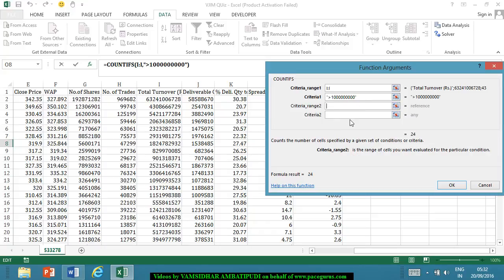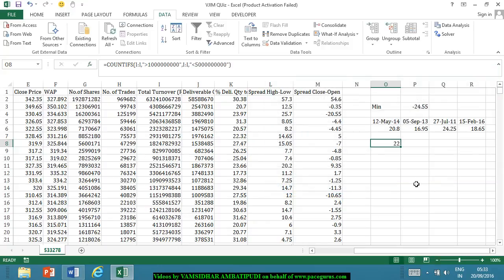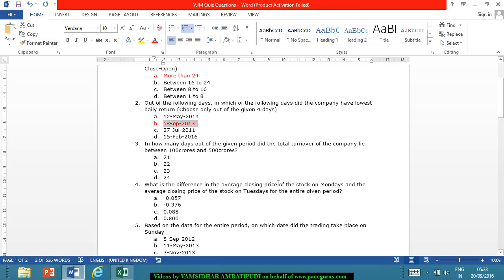And the other condition, the total turnover should be less than or less than equal to, doesn't matter because hardly it will make any difference. 5 crores, 50 crores, 500 crores. Now when I look at it, there are 22 days on which this is happening. So I could directly mark the answer as 22.